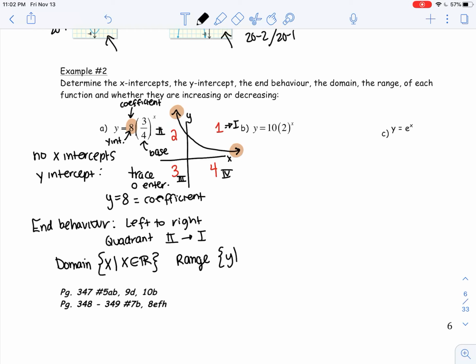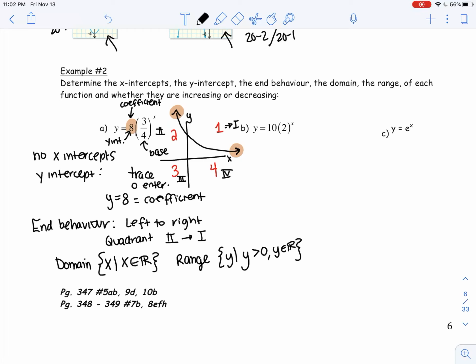So what that means is that you're going to say y such that y is bigger than 0. Your graph exists where y is above 0. Okay, so that means above the x-axis, above that horizontal line. So that's going to be your range for all of these exponentials if you're doing it properly.